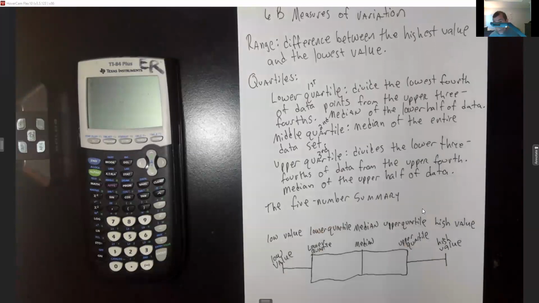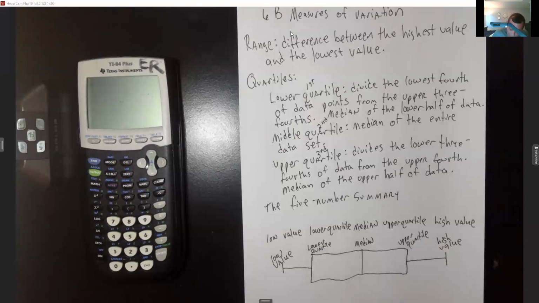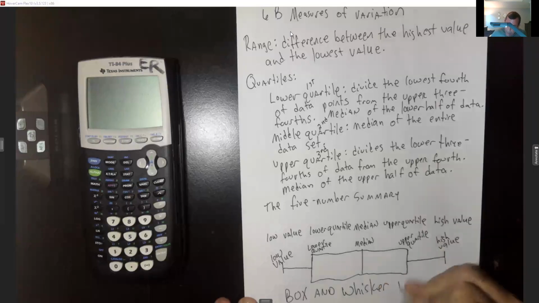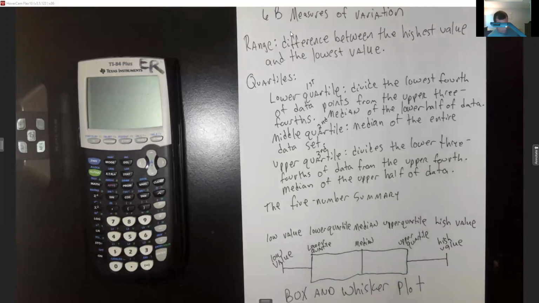So this is how we're going to make our box and whisker plot. It looks like a box, and it looks like it's got whiskers on it. That's why they call it a box and whisker plot.